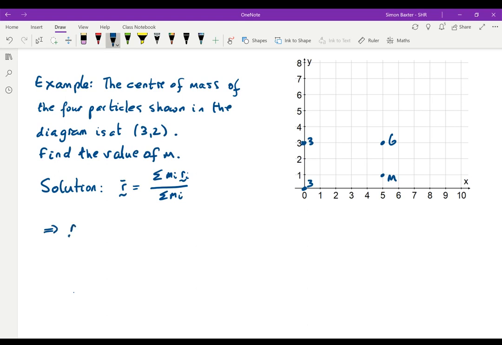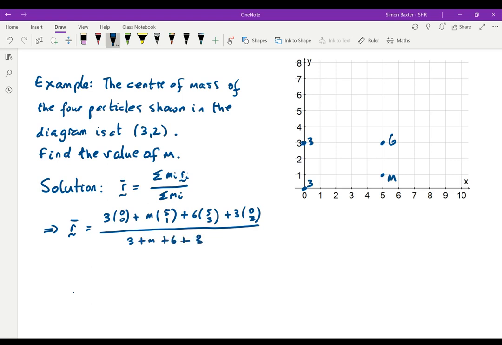This gives us that the center of mass is 3 times 0, 0, that's the first one, plus m times 5, 1, plus 6 times 5, 3, plus 3 times 0, 3, divided by, adding up the masses, 3 plus m plus 6 plus 3.